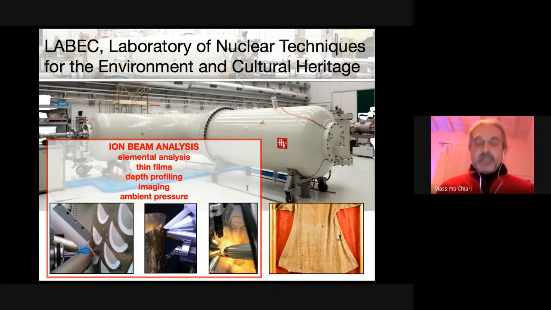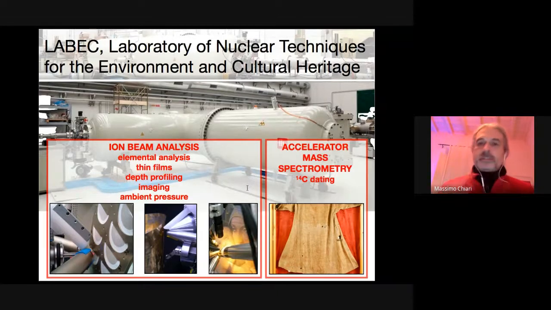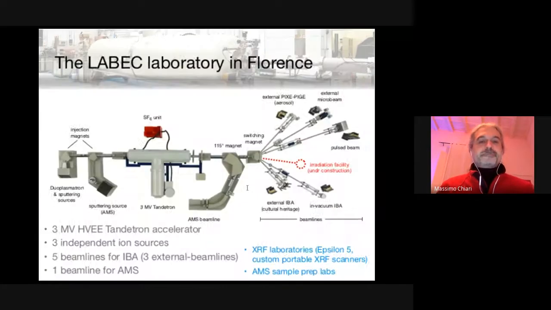But with our machine, it is indeed possible to do also accelerator mass spectrometry. And among all the rare isotopes that can be measured with our machine, we, let's say, specialize in carbon-14 dating for cultural heritage applications, and so for dating in the field of archaeology and archaeometry.